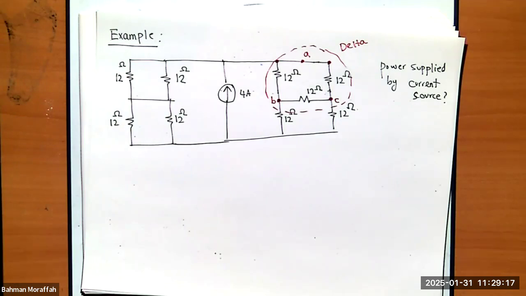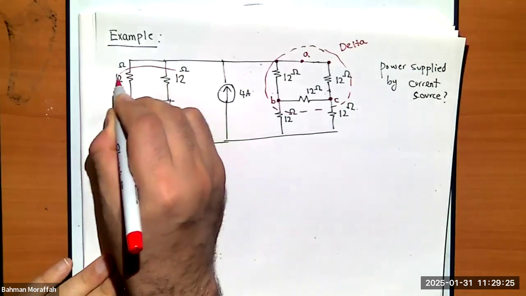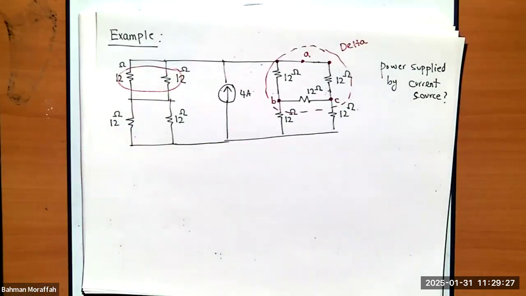How about these two? What are they? They're in parallel. Why? Let's go back and review the definition of parallel. Parallel means they're sharing the exact same head and exact same tail.